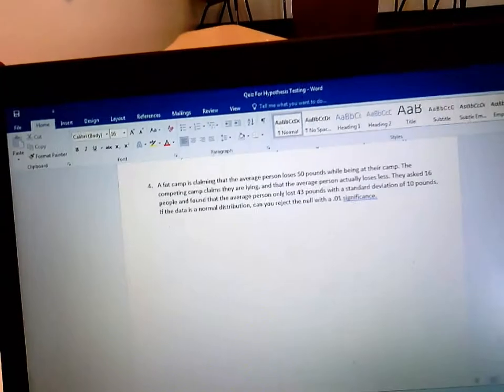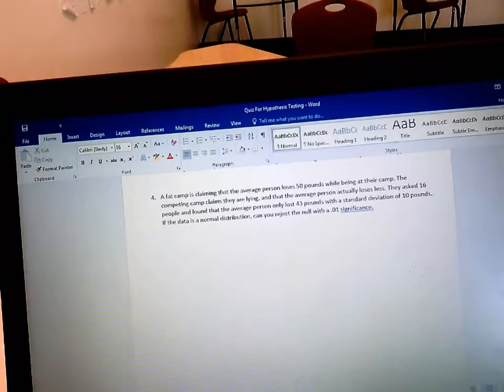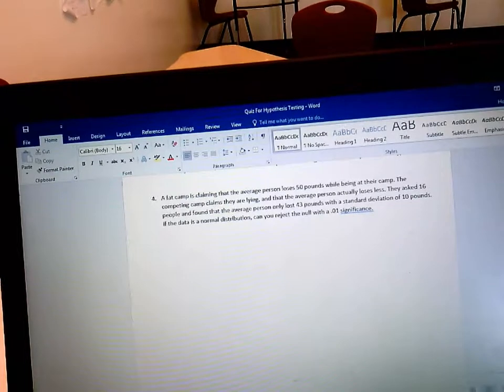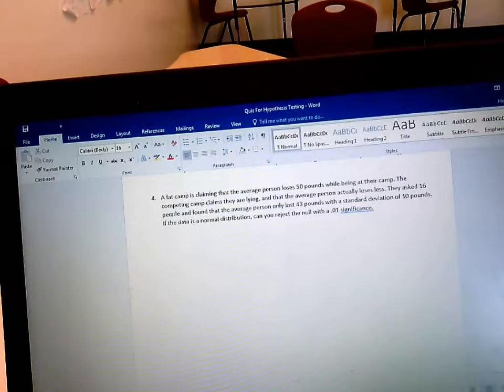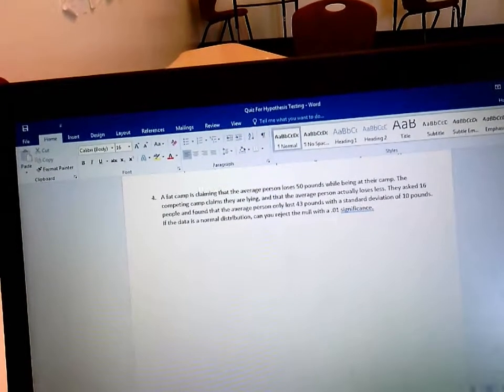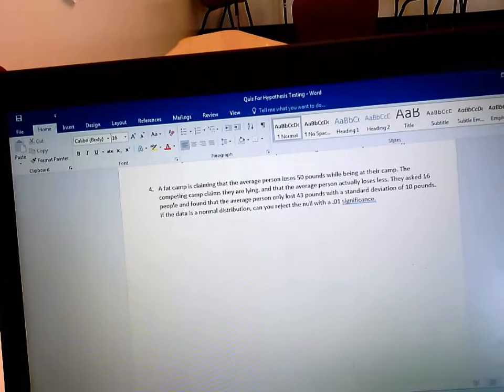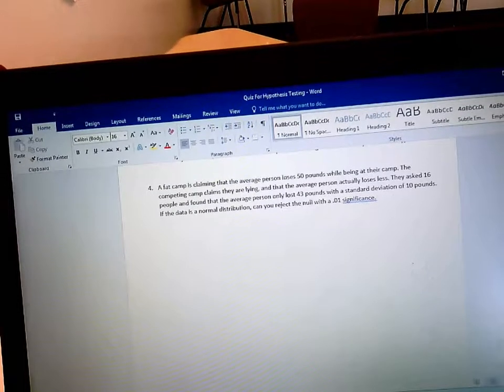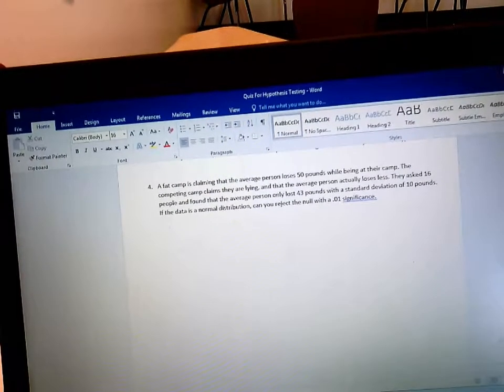They asked 16 people and found that the average person only lost 43 pounds with a standard deviation of 10 pounds. If the data is a normal distribution, can you reject the null within a 0.01 significance?